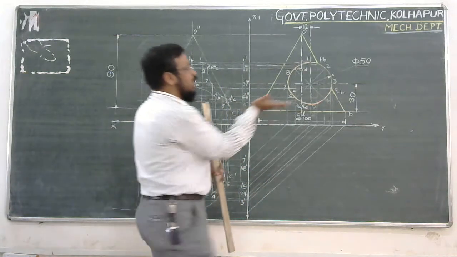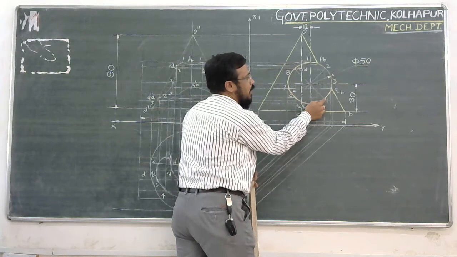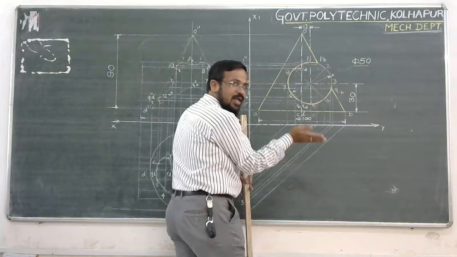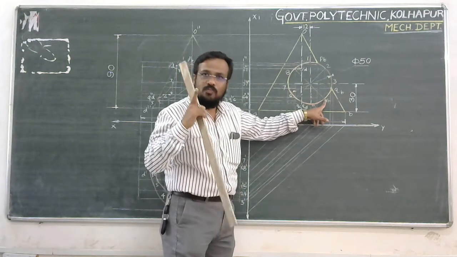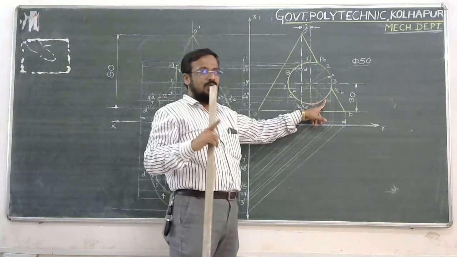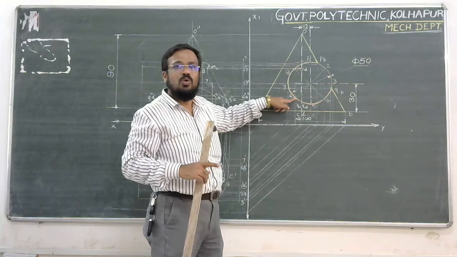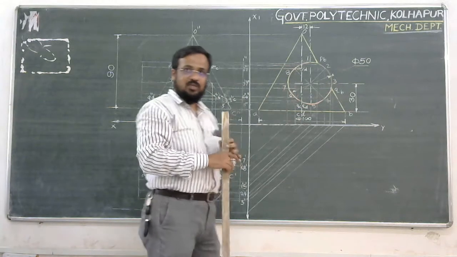So when it cuts this surface, what happens? Ultimately, you are going to get one intersecting point on either side as well as on the back side. This is never a single 4 point, it's a 4 and 4 dash. Likewise, whenever it passes through point 6 also, you are going to get 2 reference points. One is 6 and another is 6 dash.